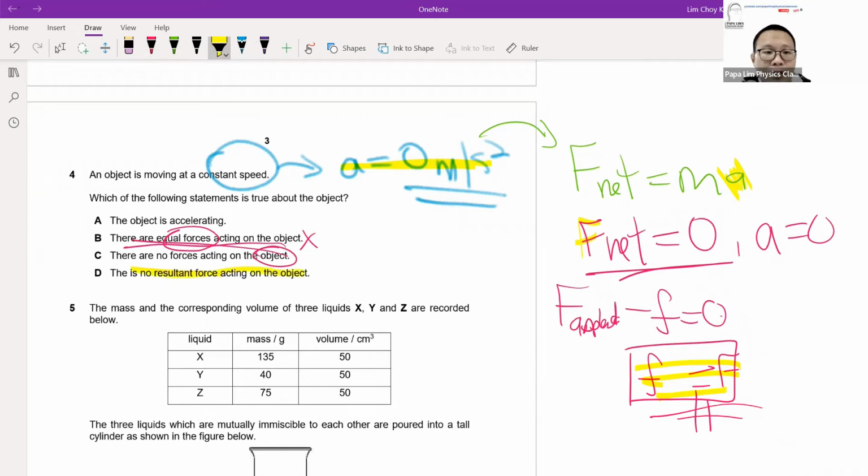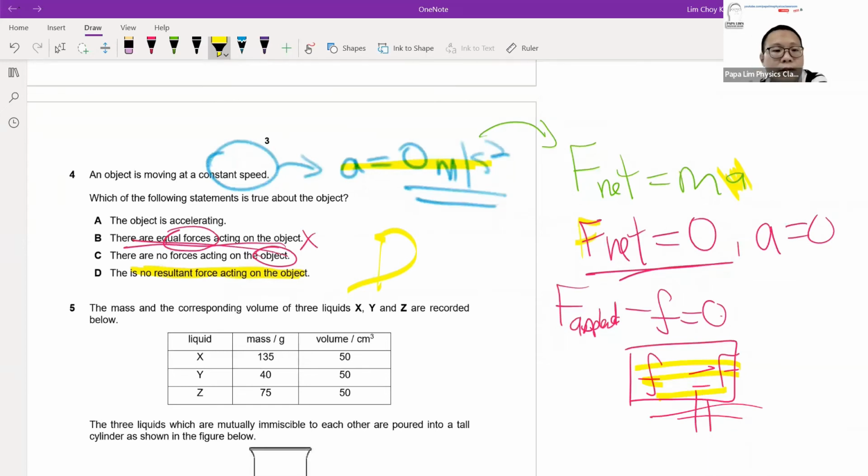I can have many forces acting on an object, but if the net force of all these forces is 0, it is still possible. That's what we mean by acceleration equal to 0, because I can deduce that the net force acting on the object is 0. That's why my answer here will be D.